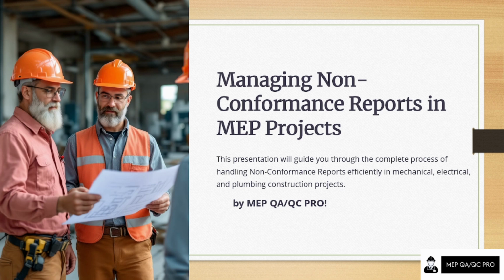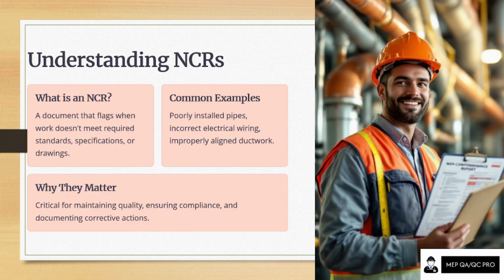This presentation will guide you through the complete process of handling a non-conformance report efficiently in a mechanical, electrical, and plumbing construction project, which is known as an MEP project. Let's start from the basic thing, which we already know, but let's get to know what NCR is and why this matters.